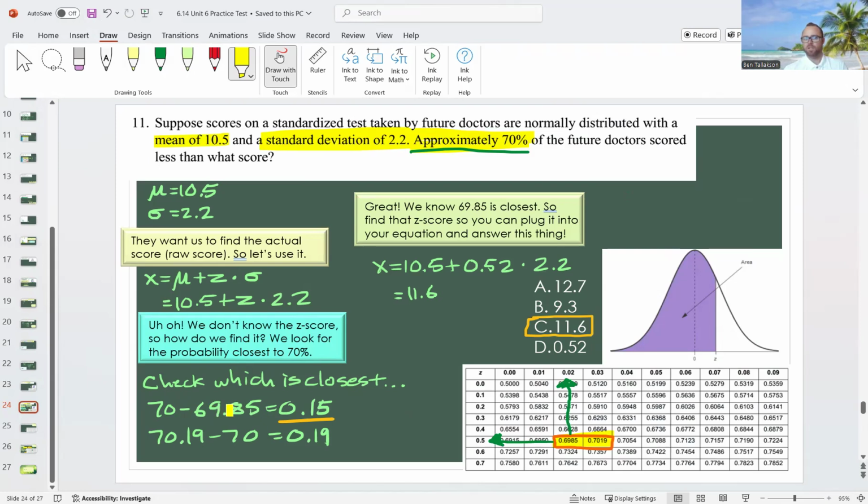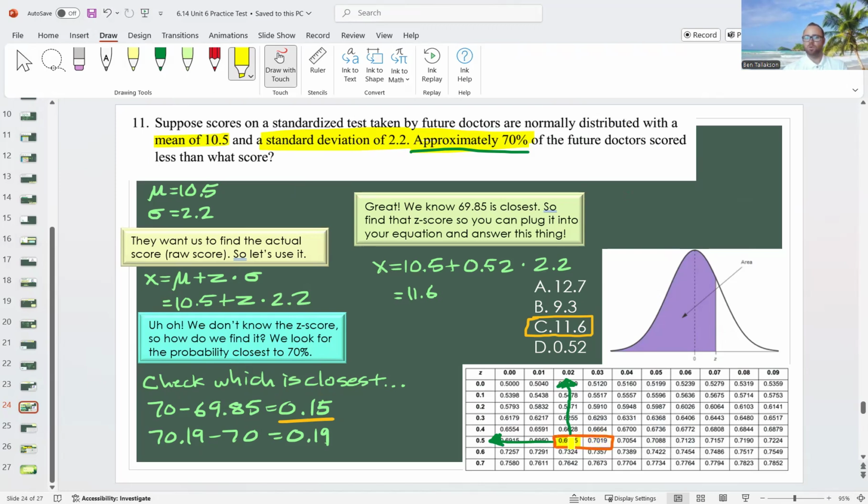Notice I had to change it, convert it to a percent. And then this value, same thing, but I rearrange the order since this value is bigger than 70. And just by 0.04%, 69.85 is closer. So that's the one we're going to go with.